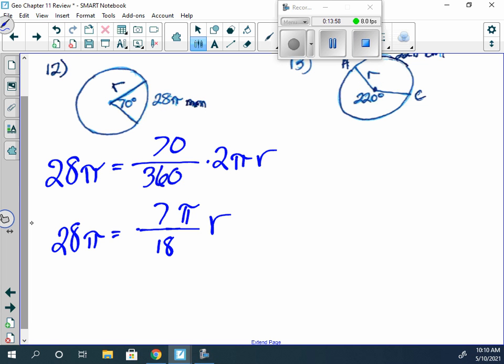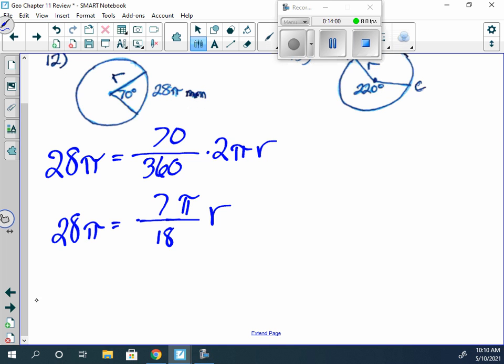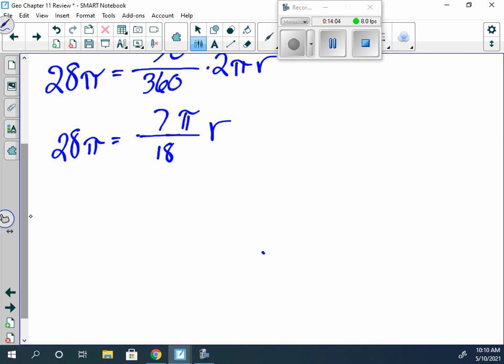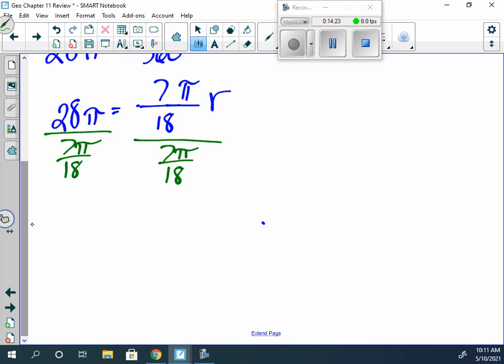Yep. Any questions on how we got to this step here? Because we just multiplied 70 over 360 by 2 pi. Now at this point here, we can divide both sides by 7 pi over 18. Now, surprise, surprise, we do get a nice number.